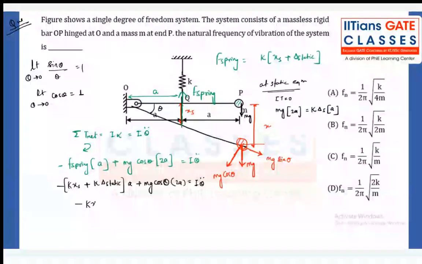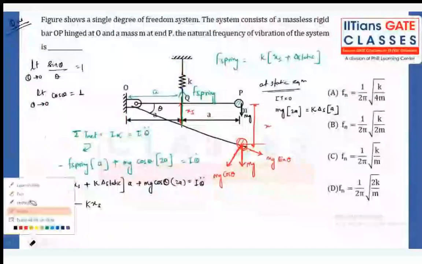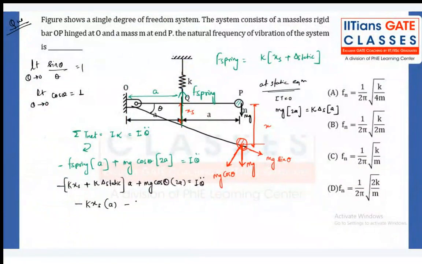So finally what we get: minus k into x into a, minus k into delta static into a, plus mg into 2a, equal to I theta double dot. This and this will cancel out, since at equilibrium the net torque equals 0.